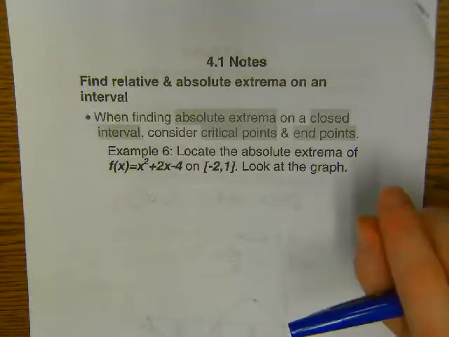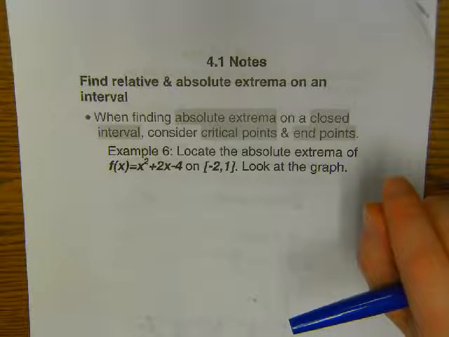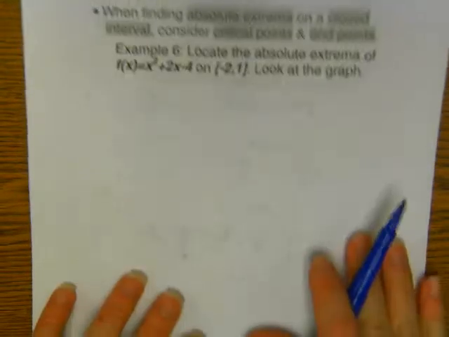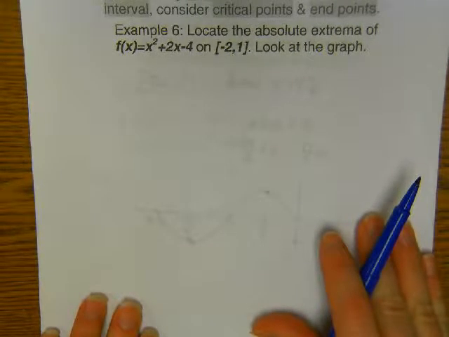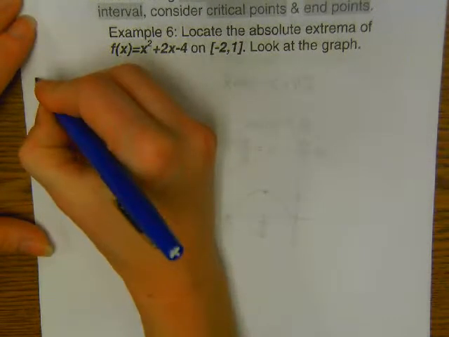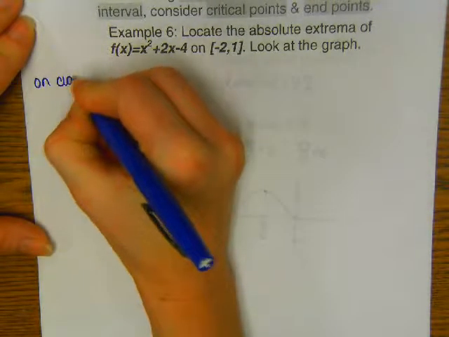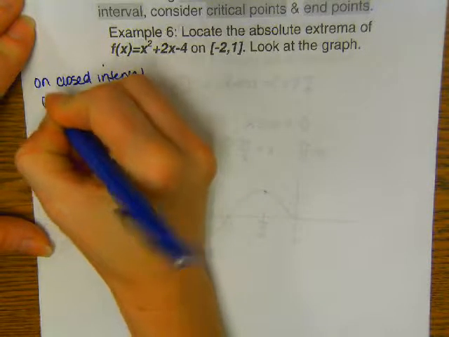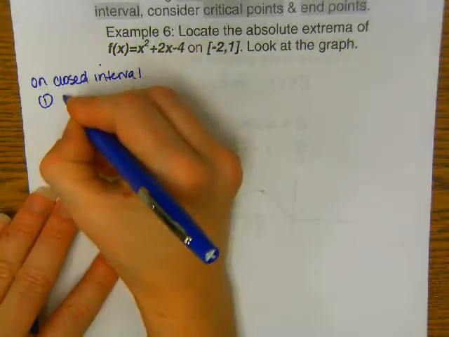Basically, when you are finding absolute extrema on an interval, if the interval is closed, I'm going to give you some steps. Okay? The first step, on a closed interval, is you're going to first find the critical numbers inside the interval.